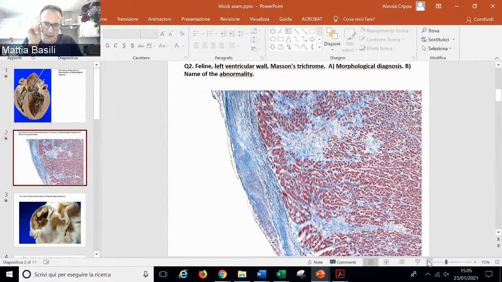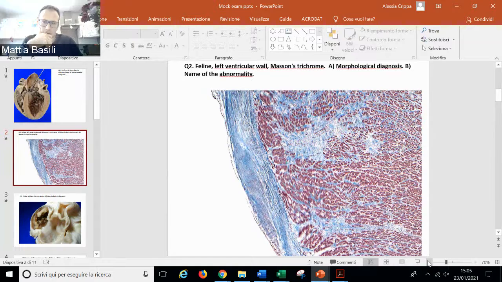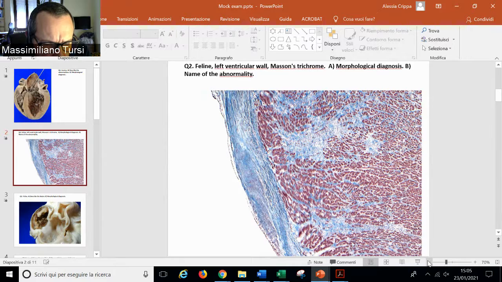That's only endocardium. Sure. And the white is because there is the cavity. Okay, so I called it wrong as subendocardium. Take care, guys, about the words. And what about Marine?